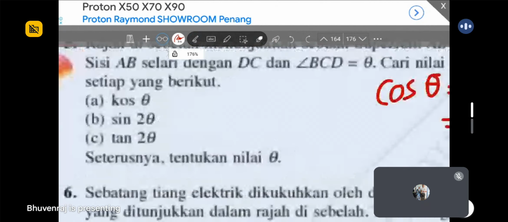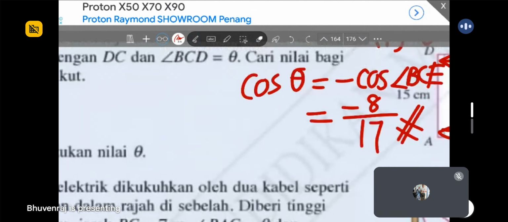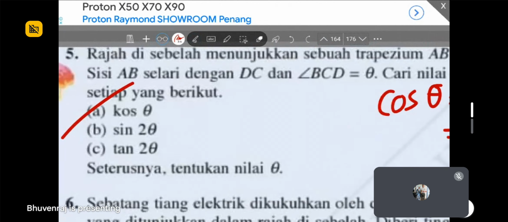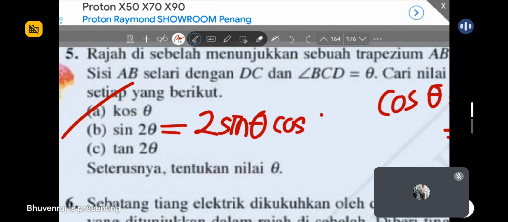So next one, they ask you to find sine 2 theta. Okay. So for sine 2 theta, you must use identity. Confirm. So sine 2 theta, identity, if you still remember, is equal to 2 sine theta cos theta.